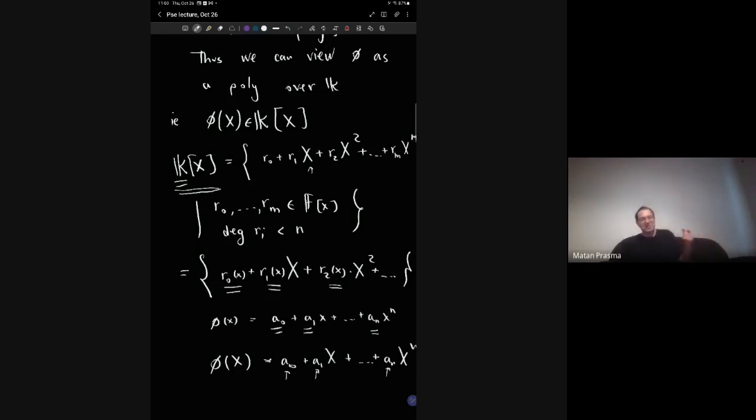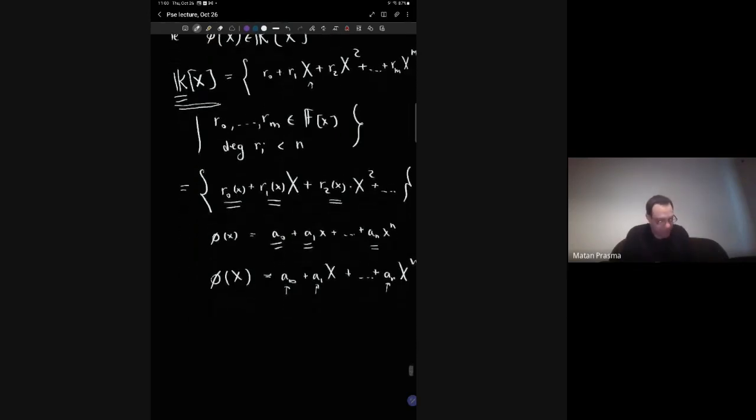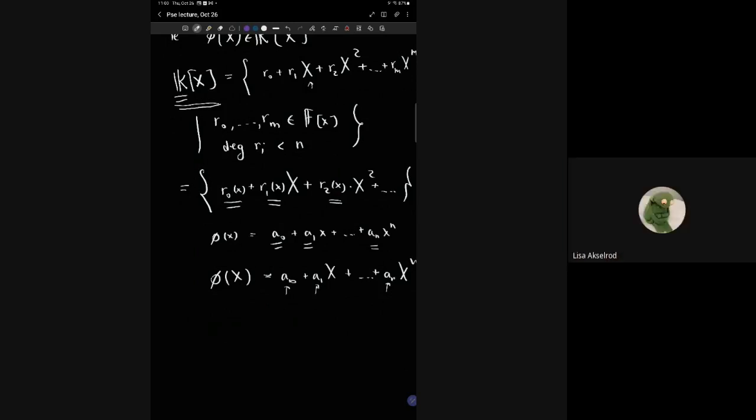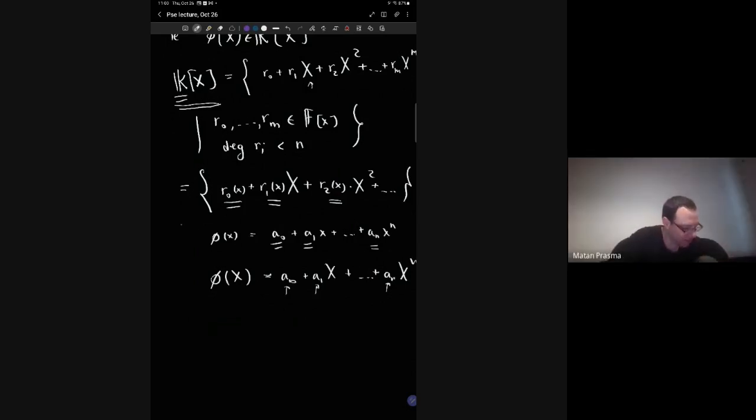And now there is a funny trick. In phi with small x, all the a's were just field elements. Exactly. So phi with small x, a0 up to an are elements in the field.